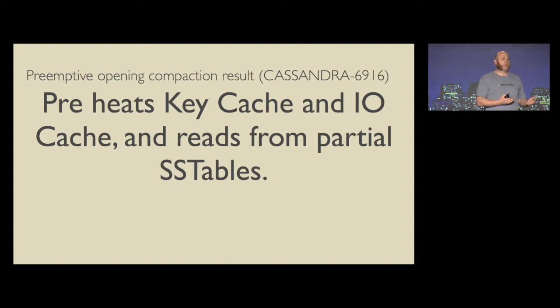And as that compaction's going, it will open it up, it will populate the key cache for row keys that were in the key caches for the things we're compacting. They will get put into the key cache with the new positions in the compacted file. And it will preheat the I/O cache. And as it's going along, we will just seamlessly move to reading from a new file with a lot less reduction in our latency.